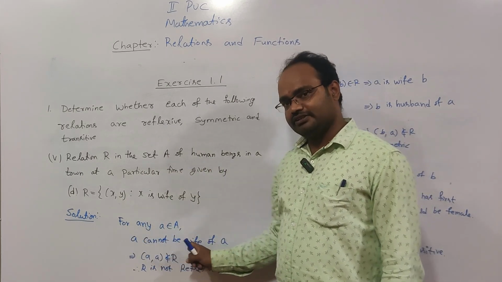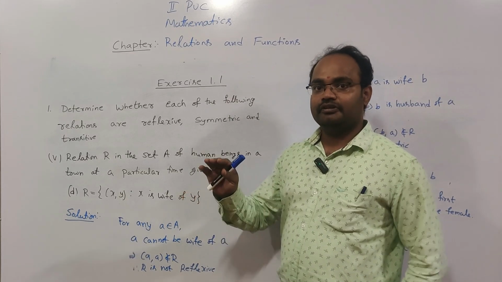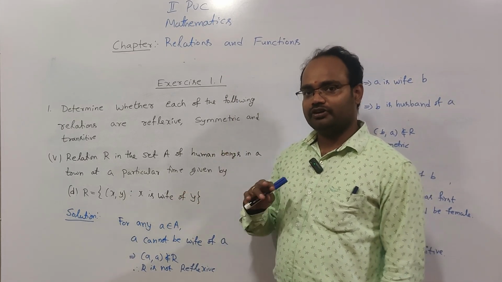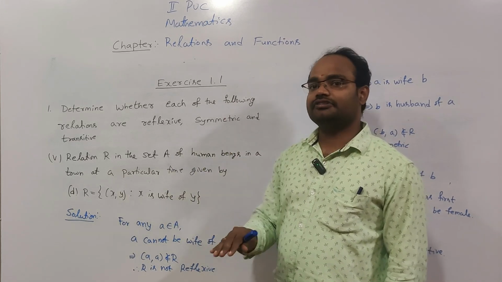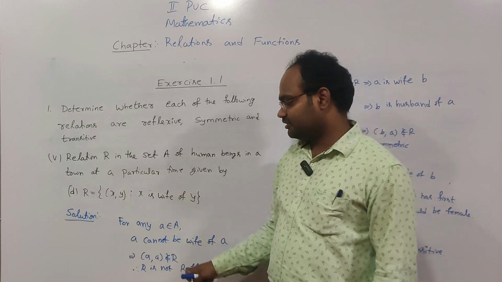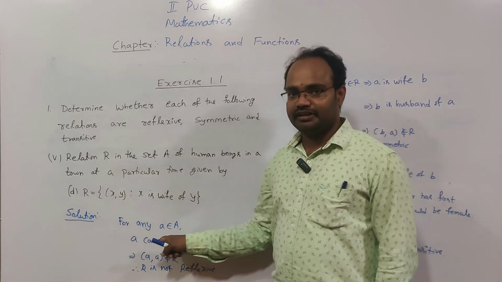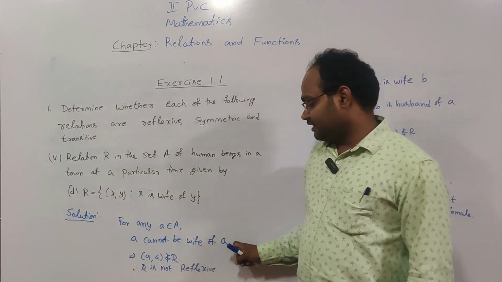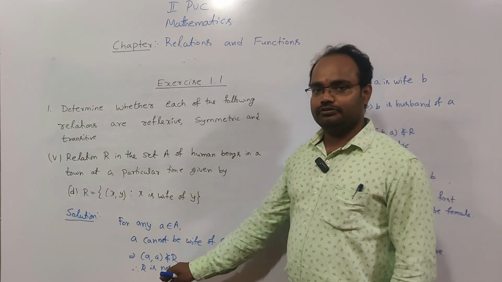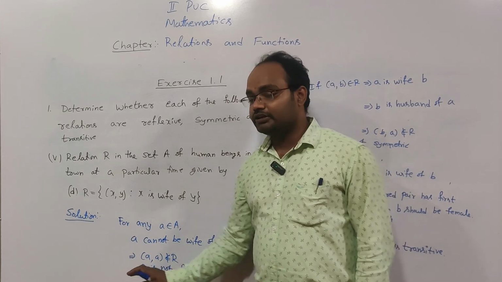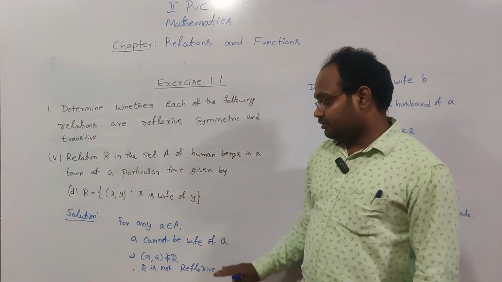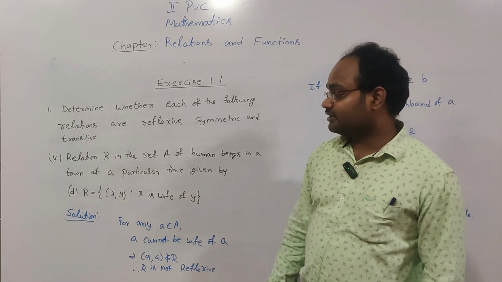A cannot be wife of A. So whether it is female or male, whoever you consider, the same person cannot be wife of the same person. So it is not at all possible. Therefore, for any A belongs to A, we have A cannot be wife of A. So there is no chance of getting AA belongs to relation. Therefore, R is not a reflexive relation.